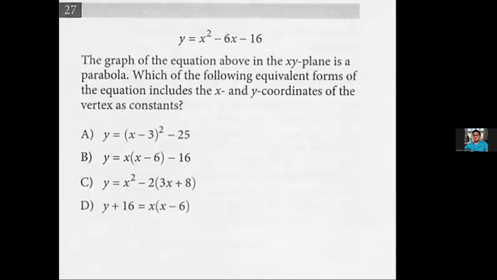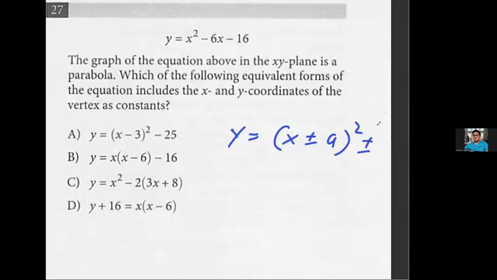Vertex form looks like y equals some x plus or minus some value, I'll call this a, and then squared, and then plus or minus some constant. This is vertex form, where A is the x value left to right, and C is the y value up or down.